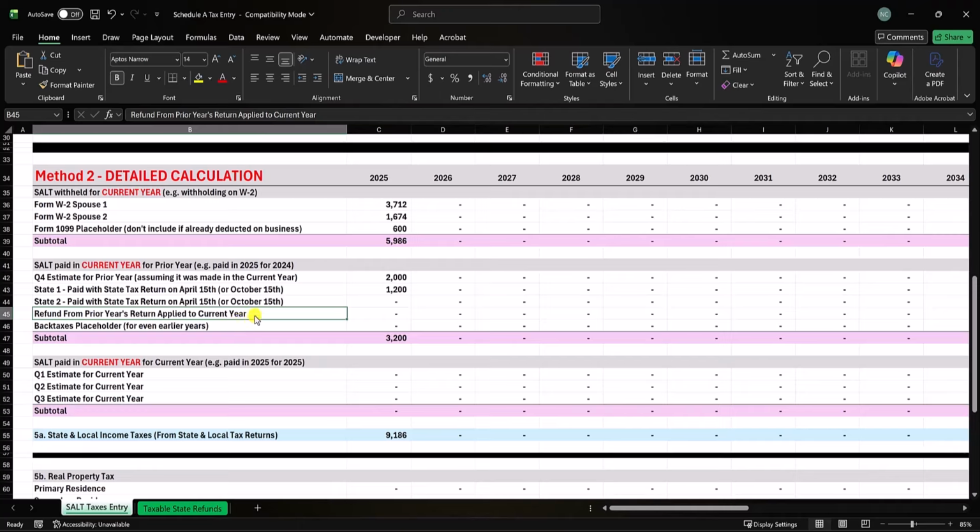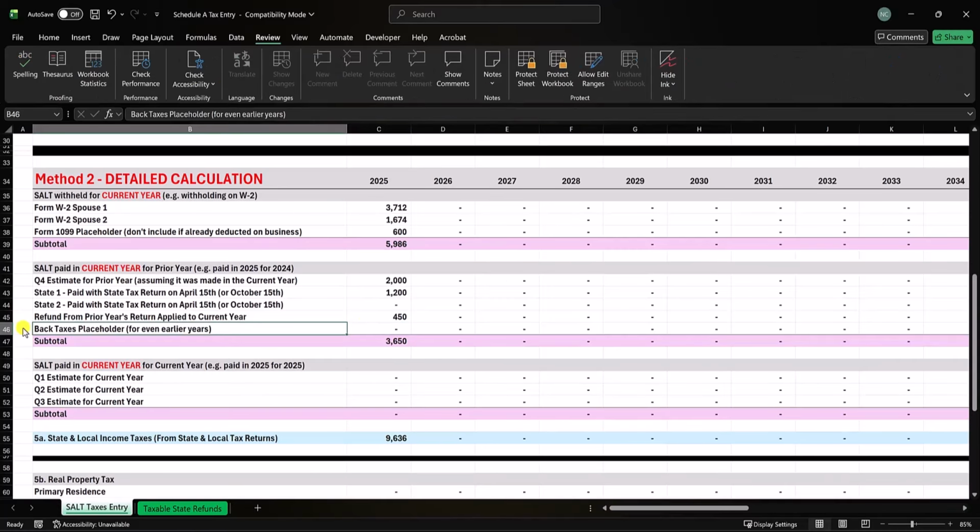If you collapse that process into just one step, basically you applied the refund instead of actually receiving it in your hand and then paying it back in. And if you look at it from that perspective, then you have basically paid in another $450 in 2025. The payment was made in 2025. And so I'm going to put $450 right there as a deductible item.